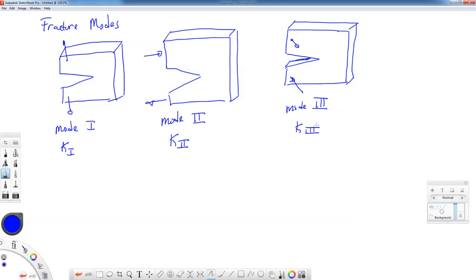Okay, but so I just wanted to label those modes. So if we go back and think about our Westergaard solution, we're opening the crack this way. Even though we have stresses applied this way, we are going to have a mode 1 type situation for our Westergaard solution.